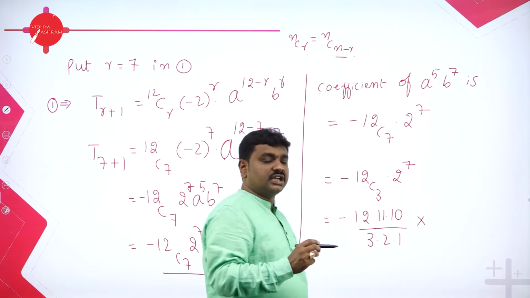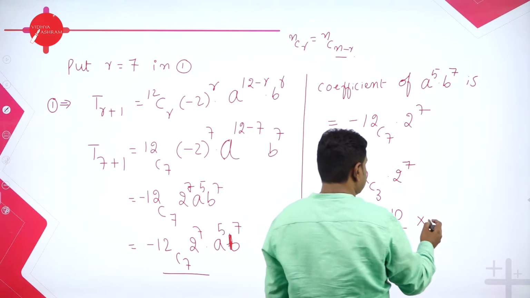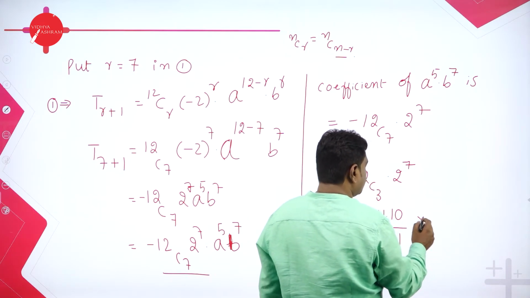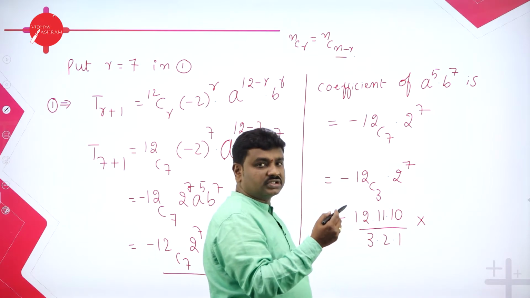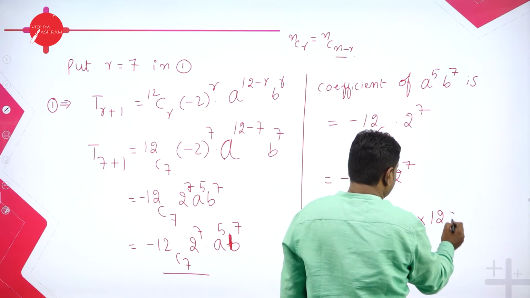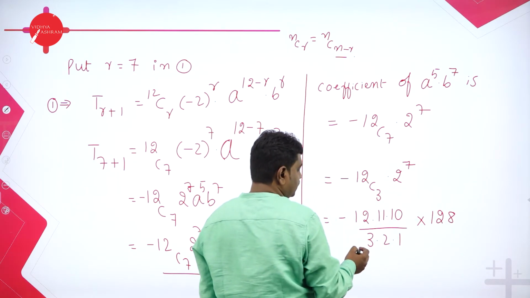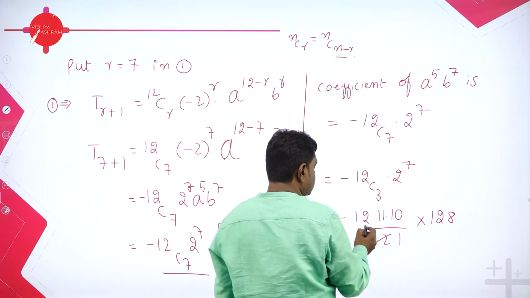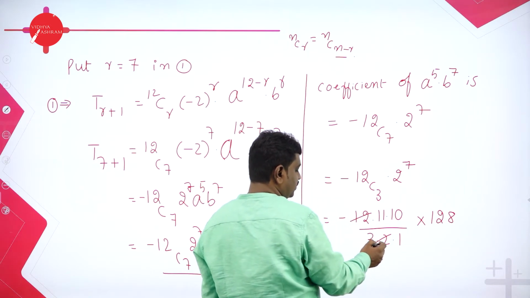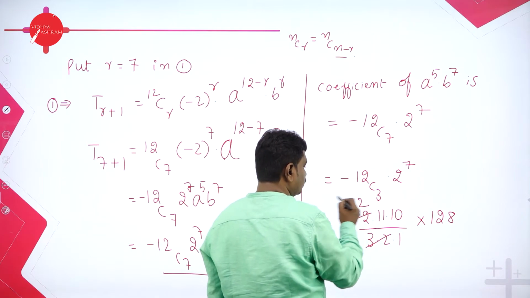2 power 5 is 32, 2 power 6 is 64, 2 power 7: 32 2s are 64, 64 2s are 128. This is 128. Simplify this. Here 3 2s are 6, and I am dividing; 6 1s are 6, 2s.